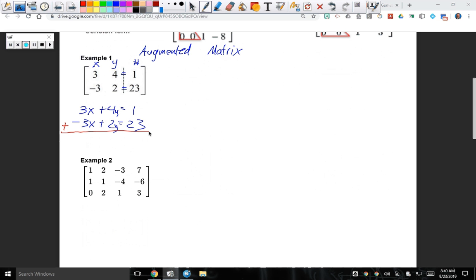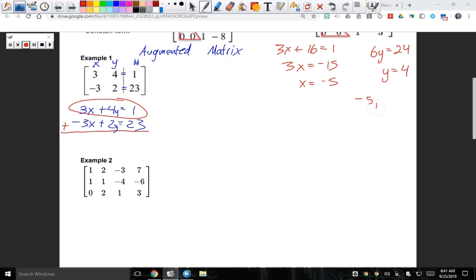Okay, how many y's do I have? 6y. 6y is equal to what? 24. So y is 4. And if y is 4, we have 3x plus 16 is equal to 1. So 3x is equal to negative 15, and x is equal to negative 5. So negative 5, 4 is my answer.